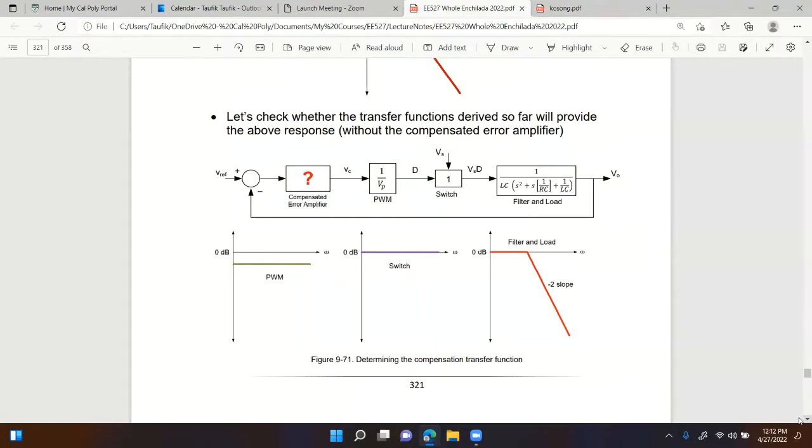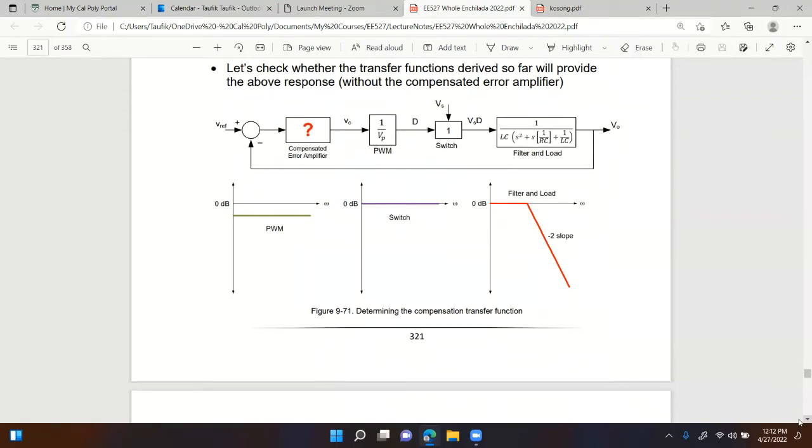right? The reason being, if you keep the remaining transfer function without the compensator, then we're not going to get the open loop stability requirements or criteria for DC to DC converters. So, namely, high gain at low frequencies, low gain at high frequencies, right?